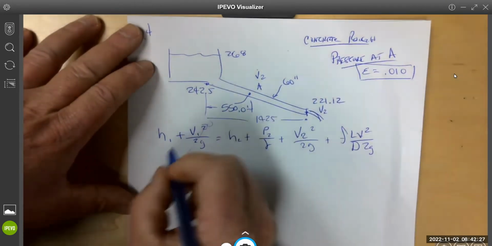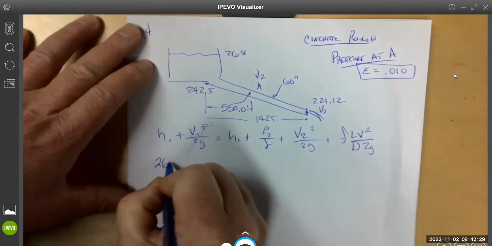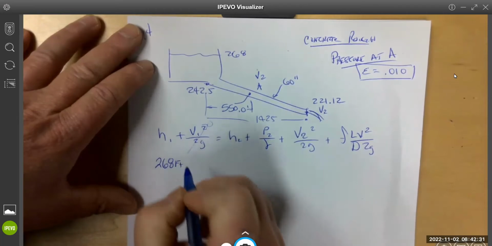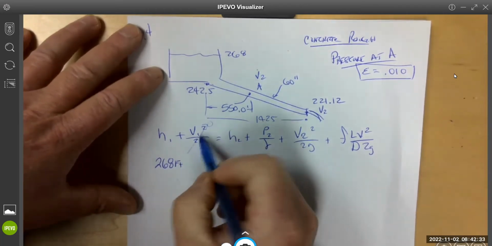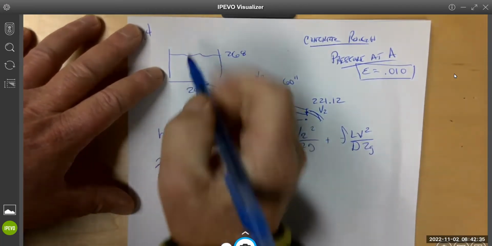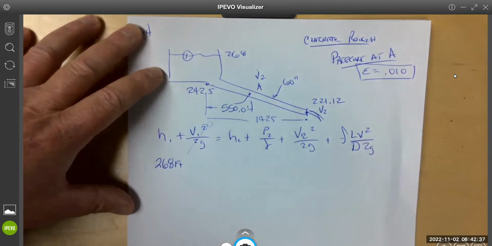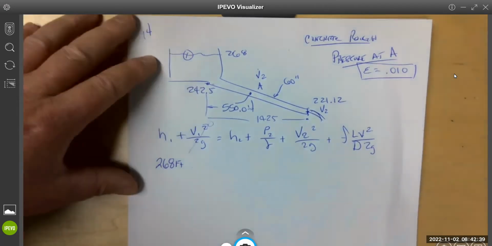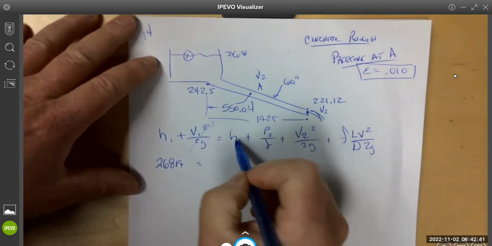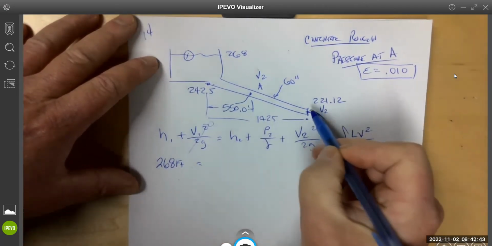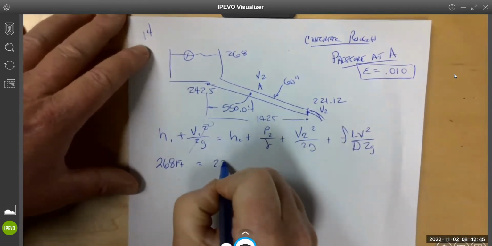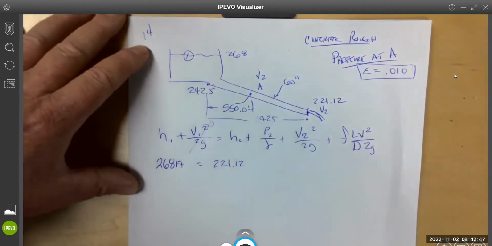Okay, so hopefully you got some information for me. I know H1 is 268 feet. I know V1 goes away because the velocity here at station 1 is 0. So that's going to equal, now I need H2 down here at the bottom, which is 221.12.